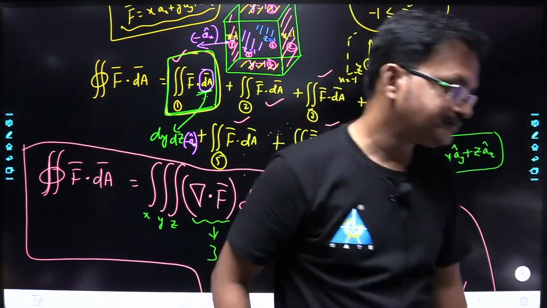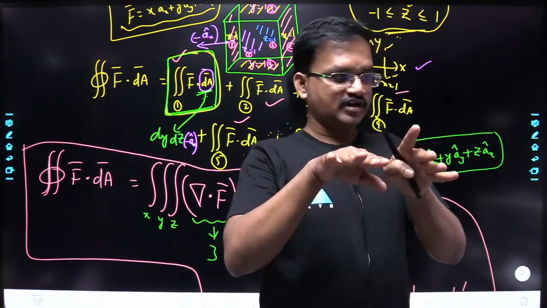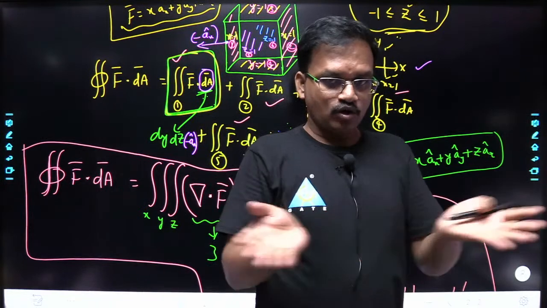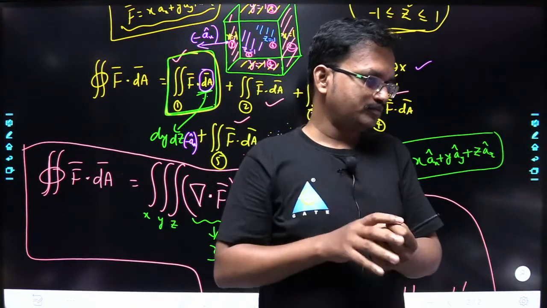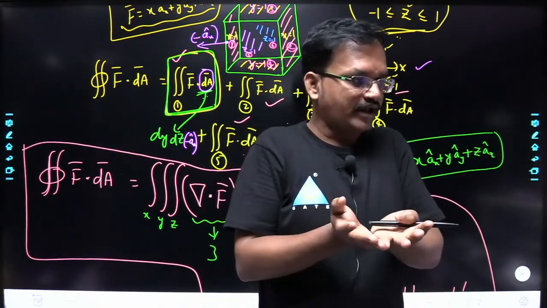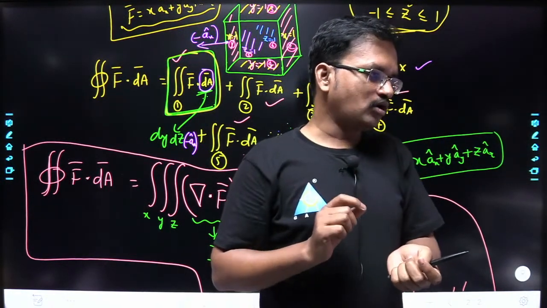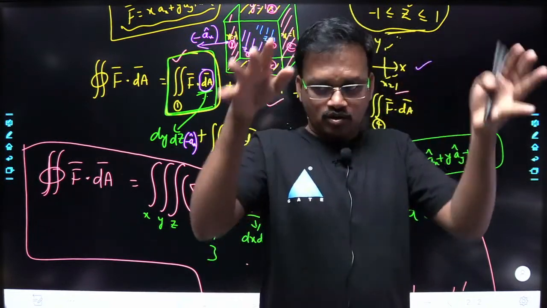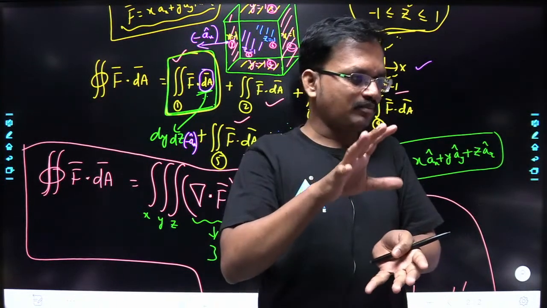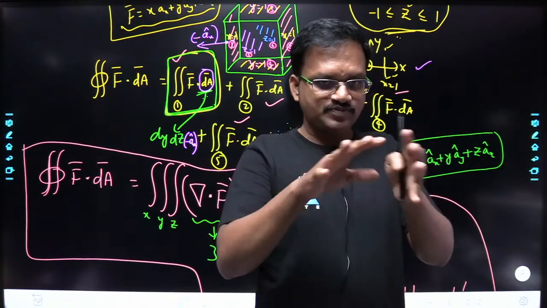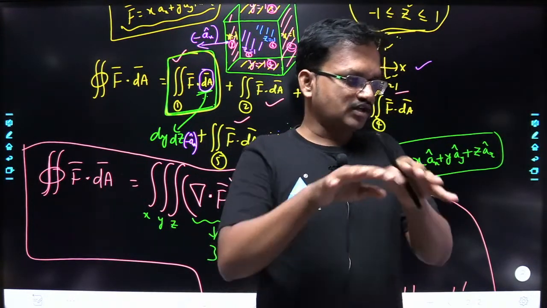Harry, if you are considering a closed surface, that closed surface is enclosing the volume. Yes or no? A closed surface will act as a boundary to that volume or region. So you have to note the difference between the closed surface and the volume. Whatever region you are specifying, that region is bounded by a closed surface.